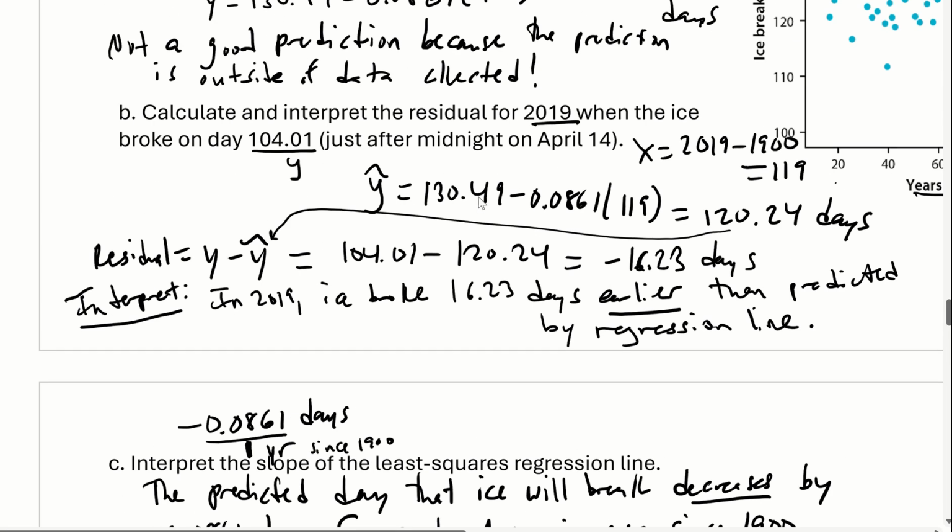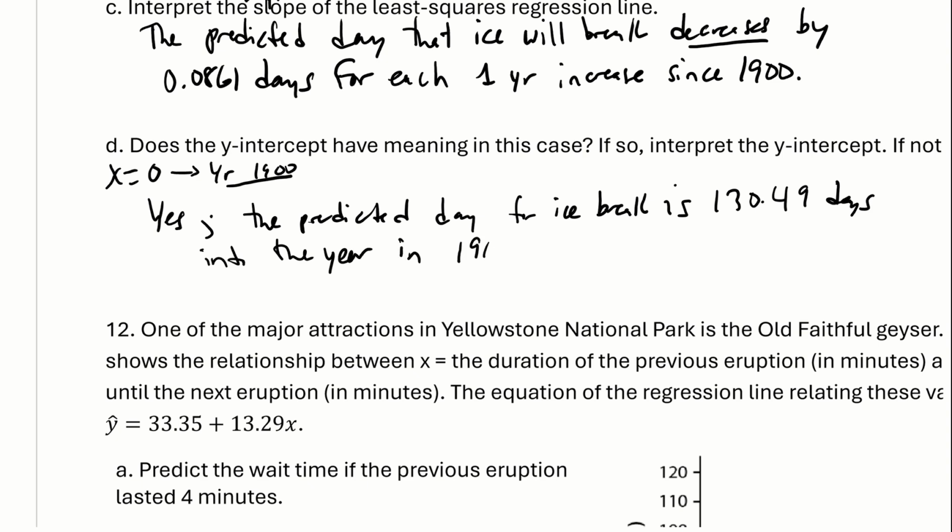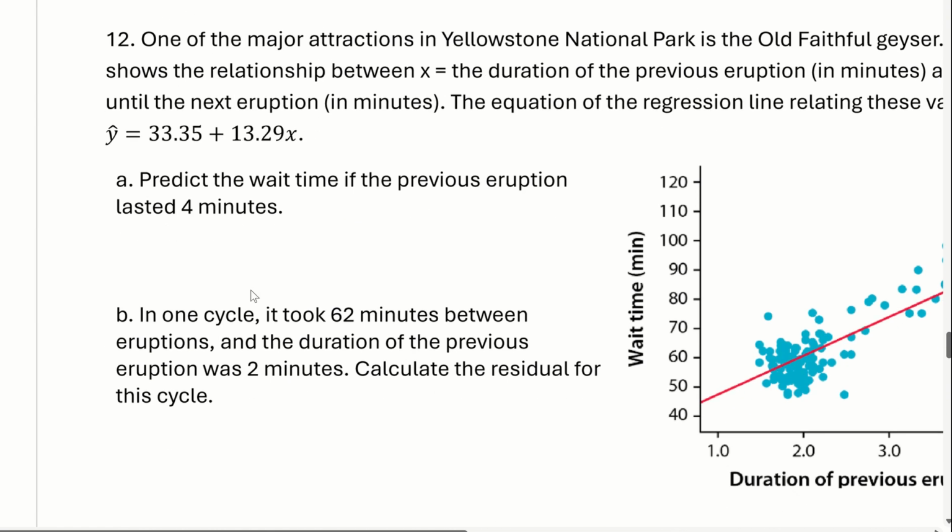The number was 130.49 days into the year in 1900. That's when x equals 0, the year 1900. So in the year 1900, when x is 0, the predicted day for the ice break is 130.49 days. All right, so there's that one.